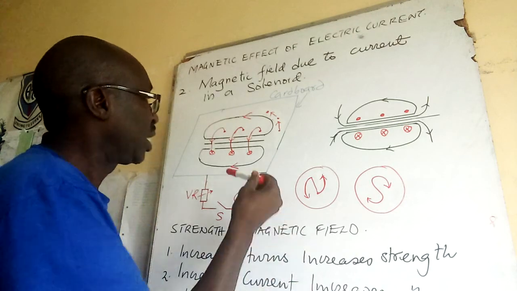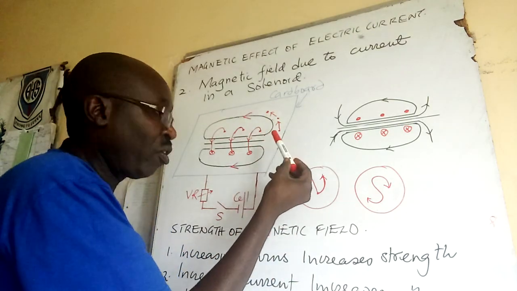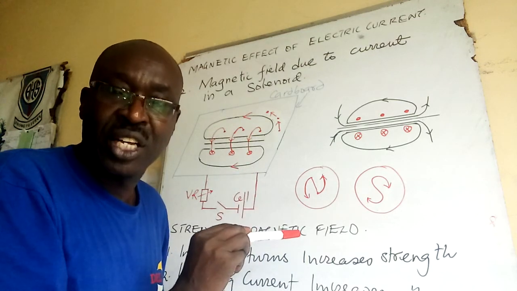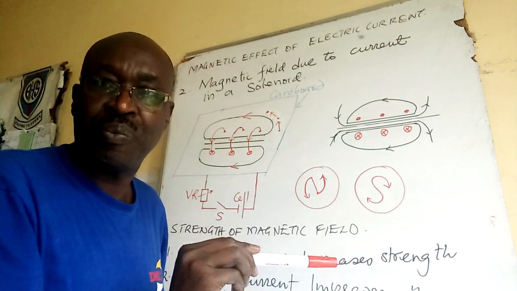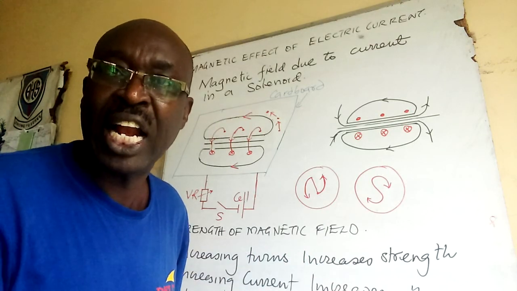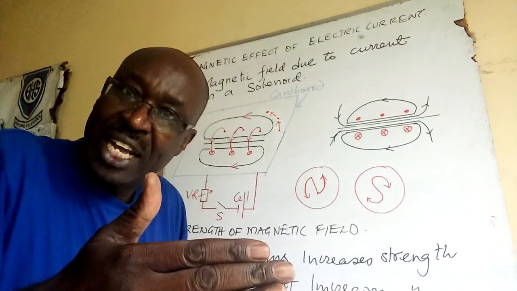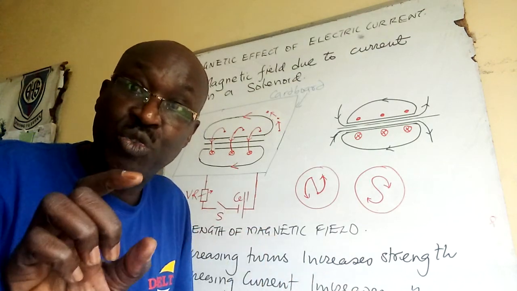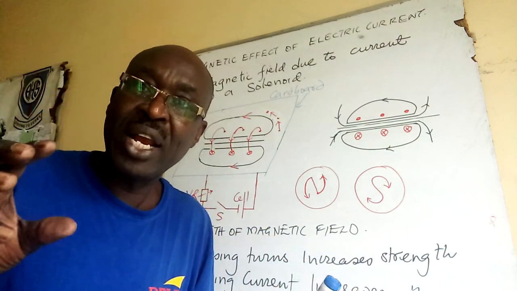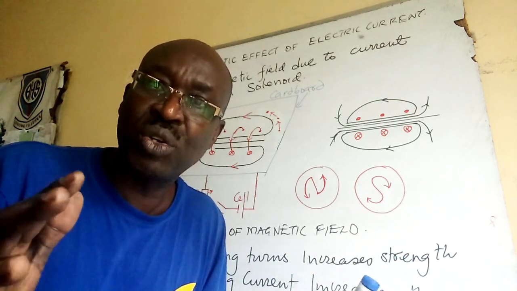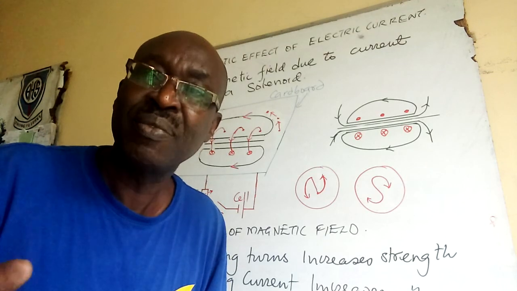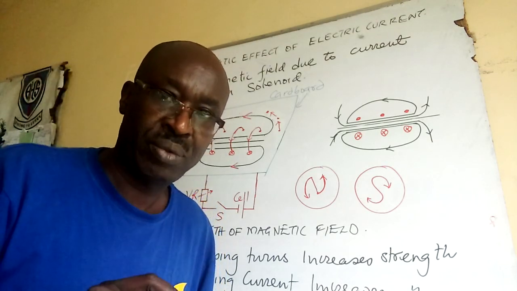Note the middle between the dot and X, it will be uniform. The lines there will be parallel. Parallel lines mean a uniform field. Let us remind ourselves of magnetism. When lines are close together, when the line density is high, it is a strong field.